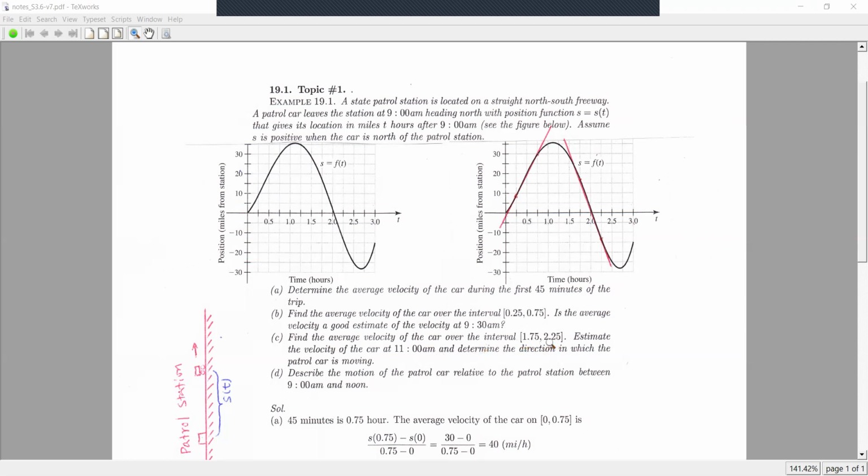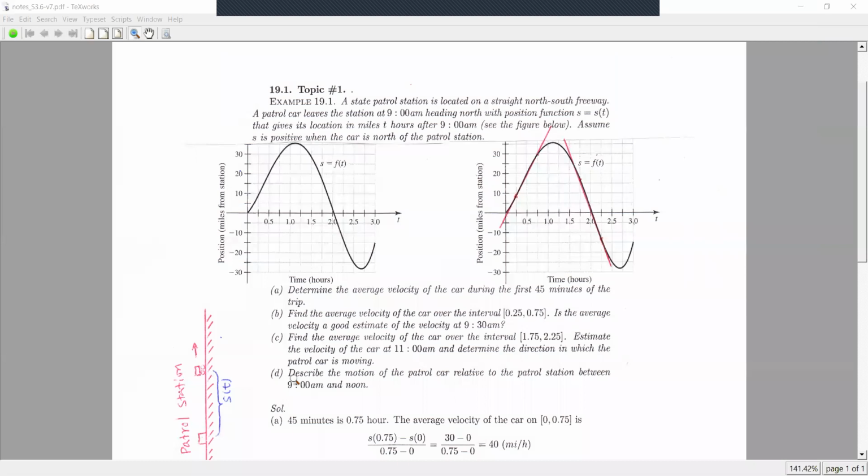So therefore, we estimated the velocity at 11 a.m. as -60. Negative means the car is moving in the south direction at 11 a.m. The south direction is a negative direction, and the north direction is positive direction.